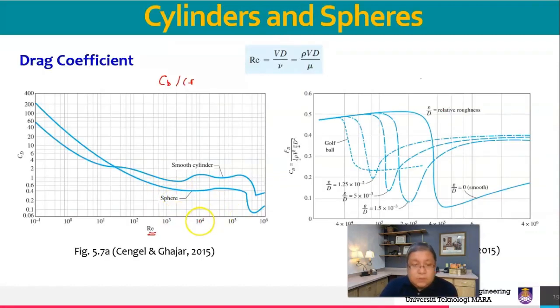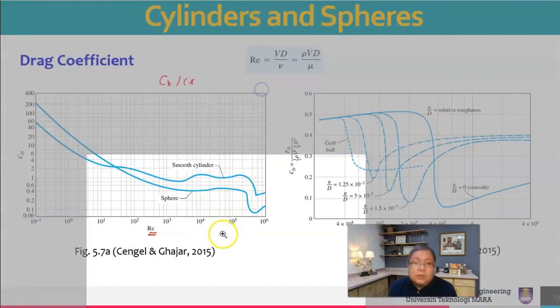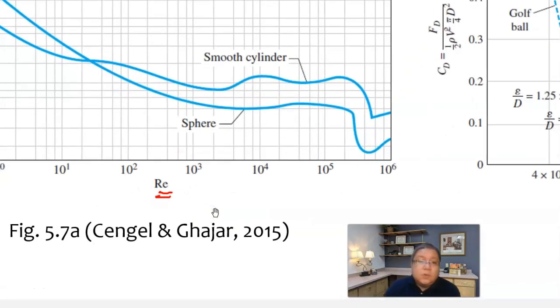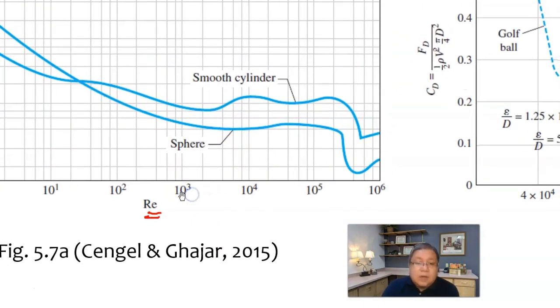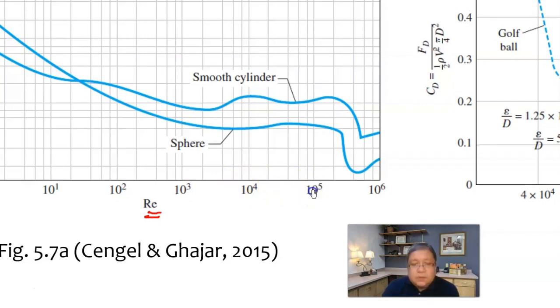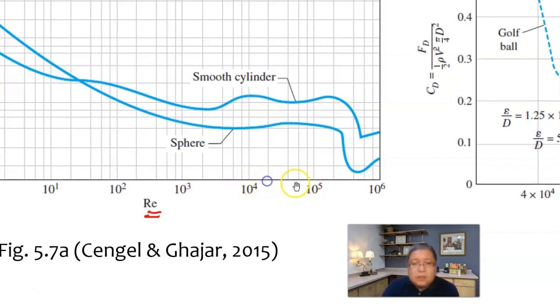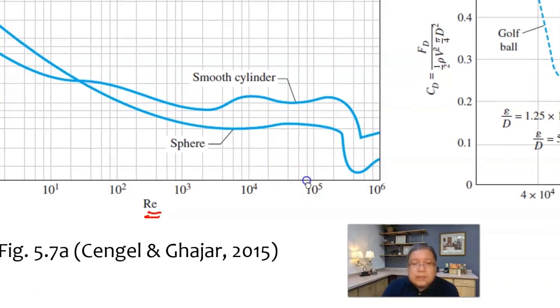For example, if we go to 10 to the power of 4, this one is 7 at this point. This one is 10 to the power of 4: 2, 4, 6, 8. So it should be in this area.